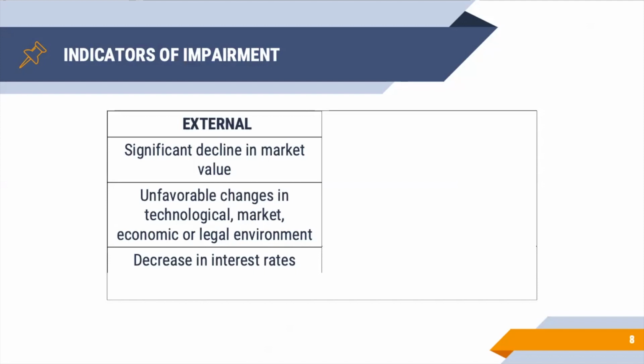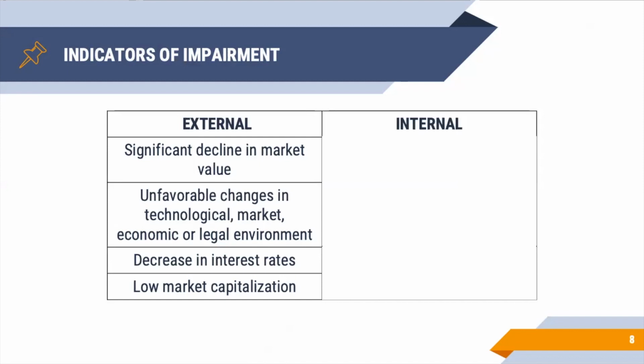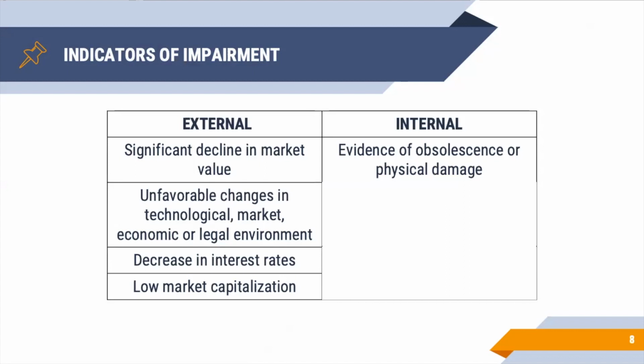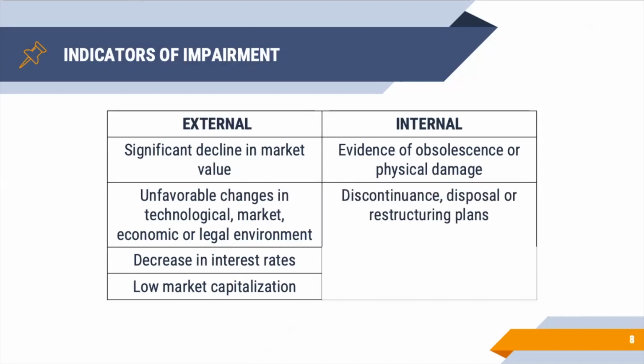Number three, decrease in interest rates. And number four, low market capitalization. Under internal indicators, you have evidence of obsolescence or physical damage, discontinuance, disposal, or restructuring plans, and declining asset performance.